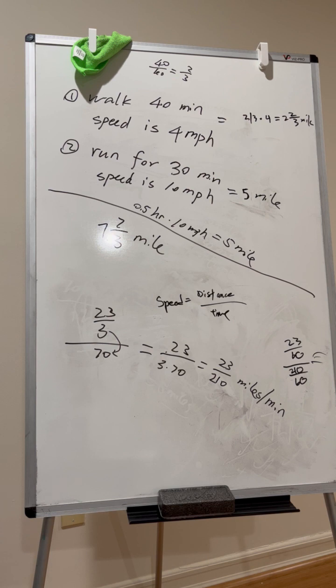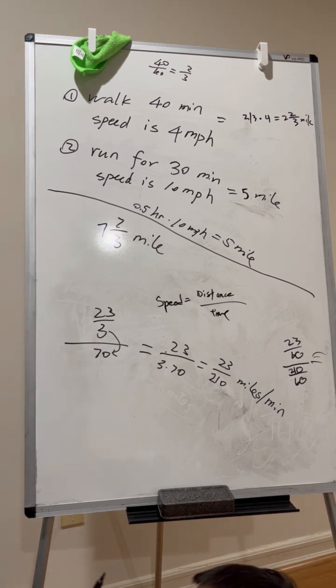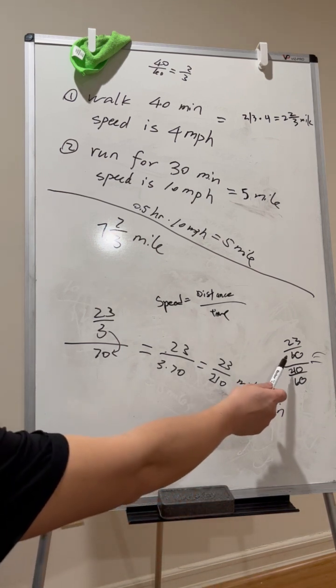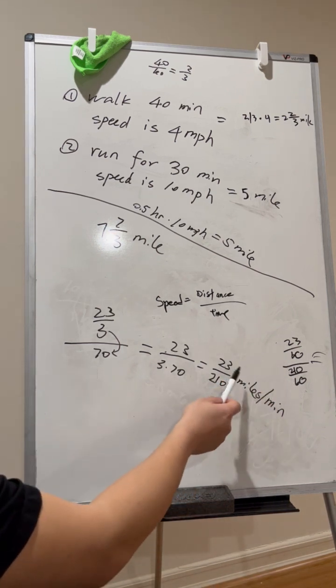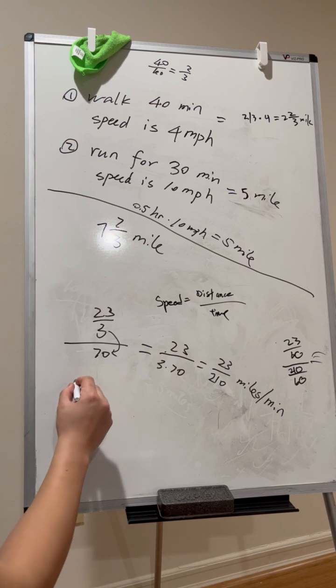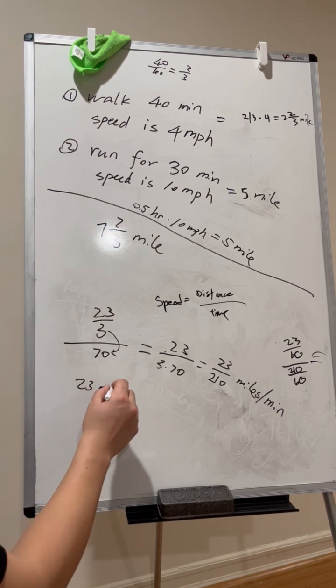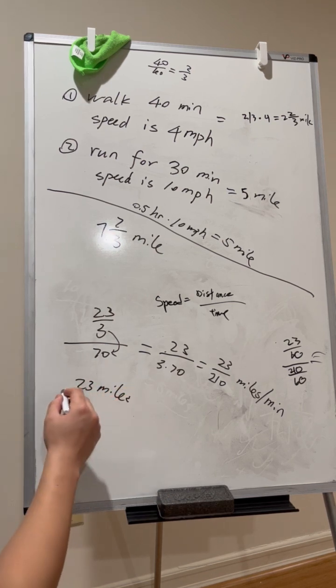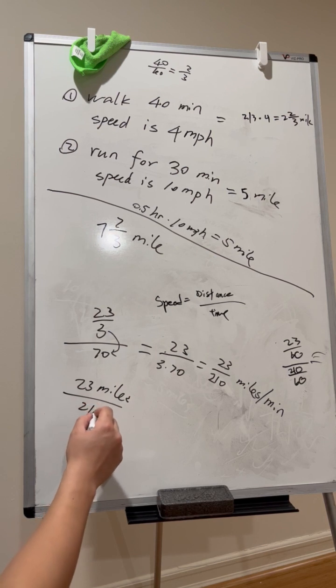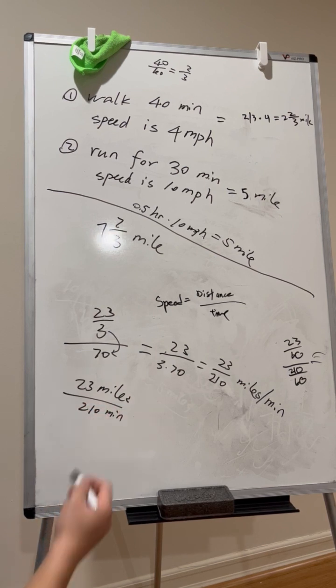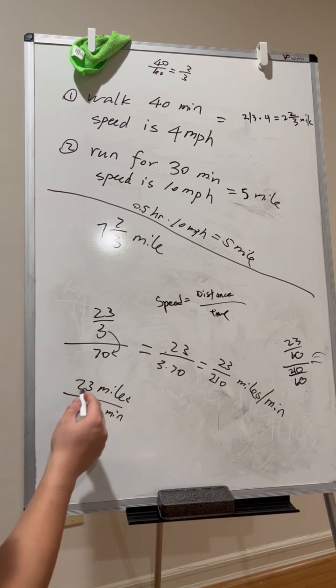You are confused. Now you are really confused. You don't divide 23, because 23 means miles. If I write it this way, 23 miles per 210 minutes. Now do you understand? This means 23 miles.